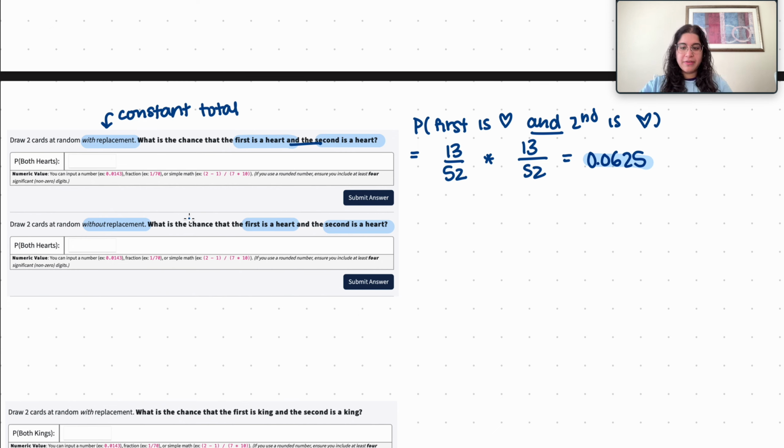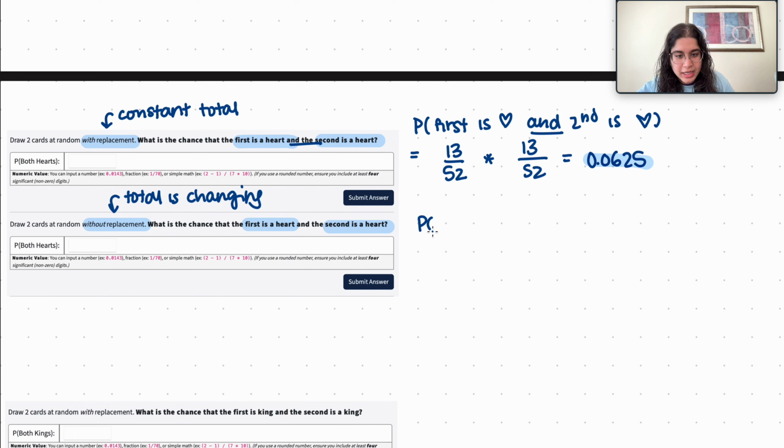So after I pick my first card, my total number of cards is now 51, because I didn't put that first card back. Whenever we have problems that don't involve any replacement, our total is changing. The number of cards in the deck is decreasing because I don't put the card I picked back in the deck.